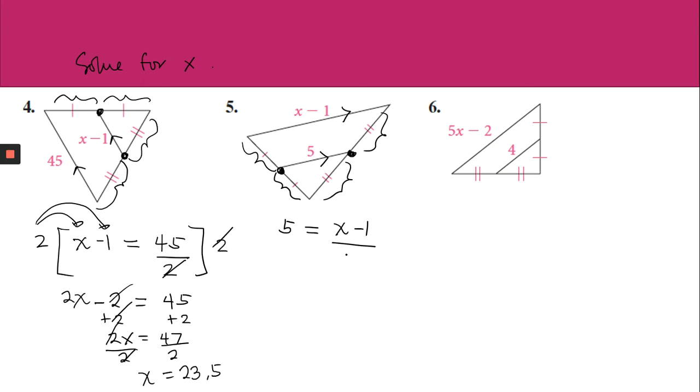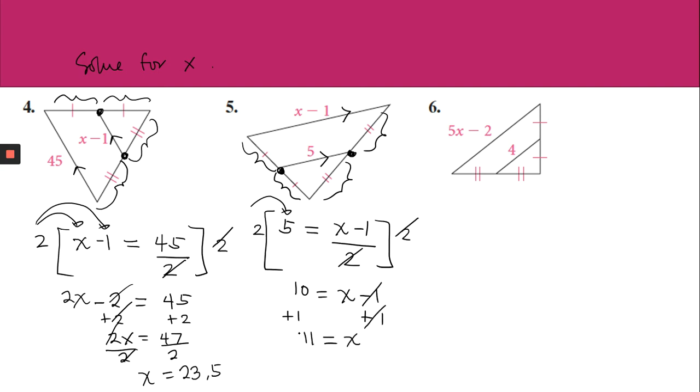Half of x minus 1, just divide it by 2. Then multiply both sides by 2. So I can cancel this. 2 times 5 is equal to 10 is equal to x minus 1. Then you add both sides by 1 because we want to isolate x. So 11 is equal to x.